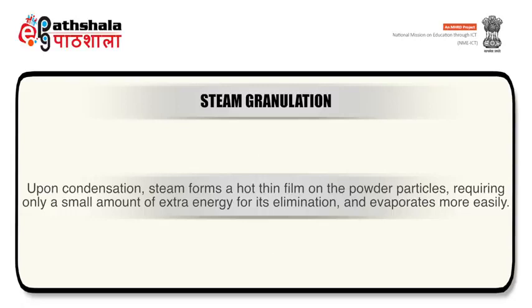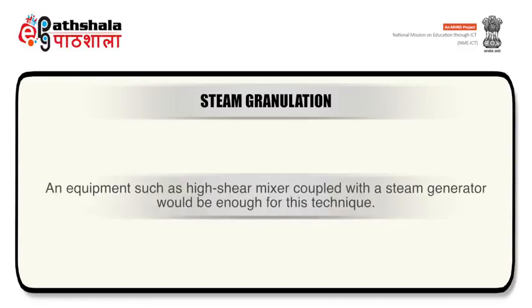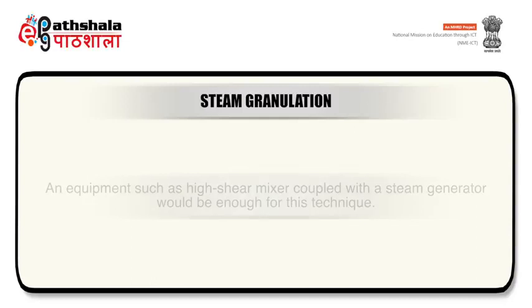Upon condensation, steam forms a hot thin film on the powder particles, requiring only a small amount of extra energy for its elimination, and it evaporates more easily. Equipment such as a high shear mixer coupled with a steam generator would be enough for this technique.